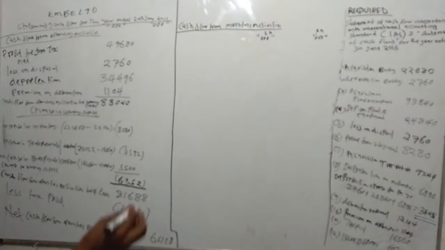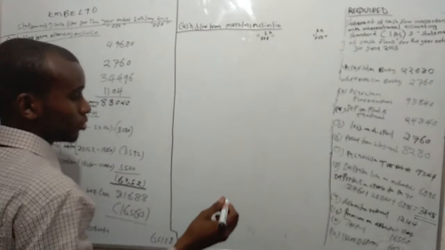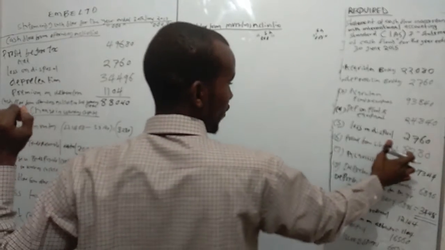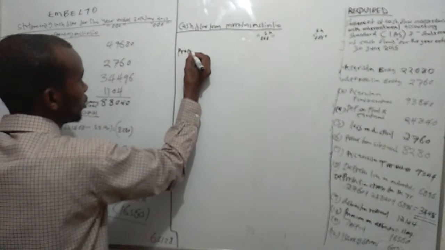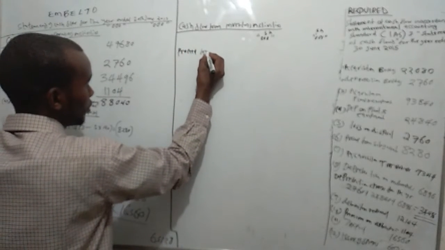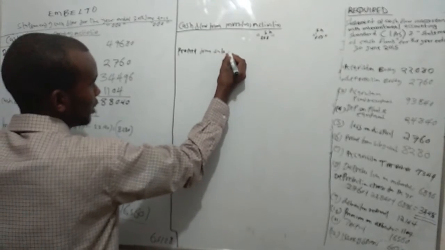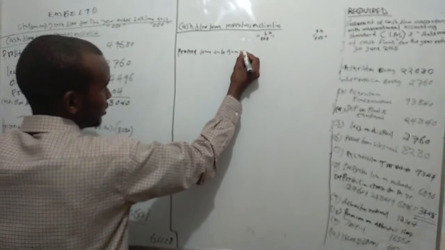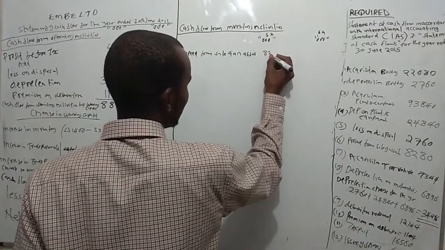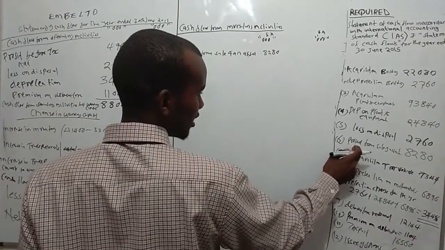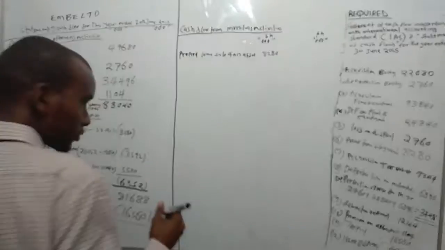Let's start with the proceeds from sale of an asset. It's an inflow. The amount there was 8280.